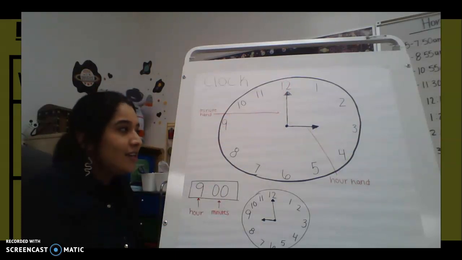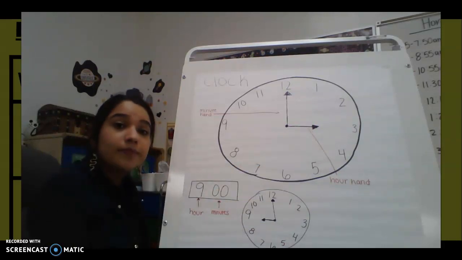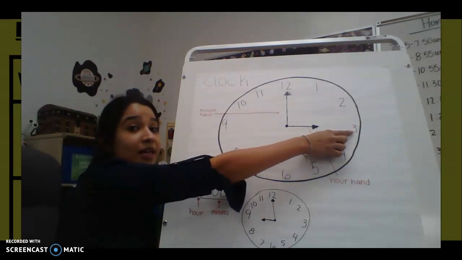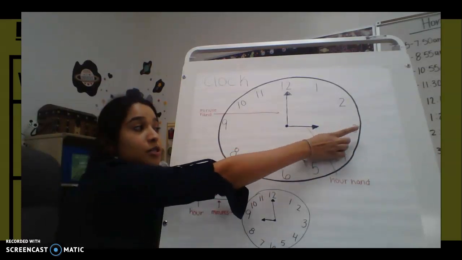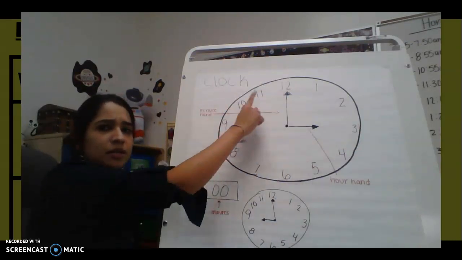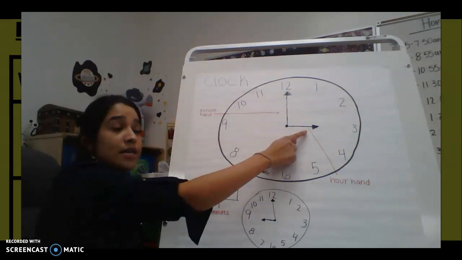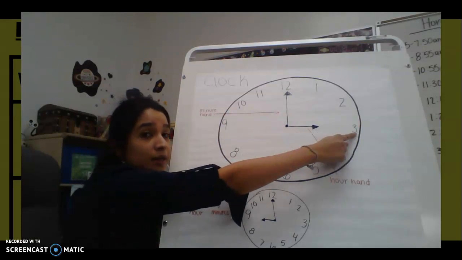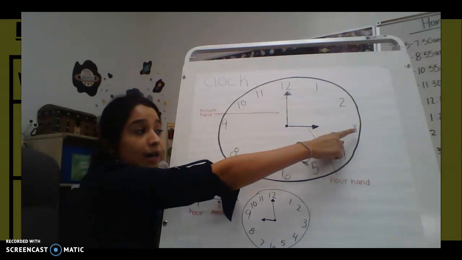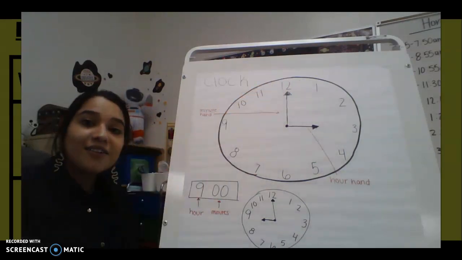O'clock. Good job. And the hour hand, what number is the hour hand pointing to? Great work. 3. So what is the time represented on this clock? Let's put it all together. We always say the hour first, so 3 o'clock. Again, 3 o'clock. Great job.